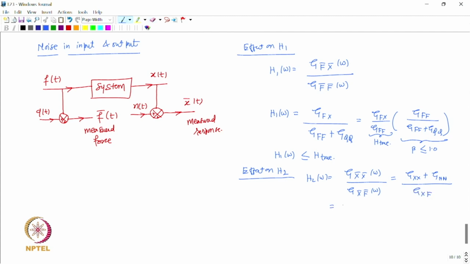So, this can be written as G x x upon G x f plus G n n upon G x f, which is H true plus G n n upon G x f. So, therefore, here H2 omega will be more than or equal to H true.